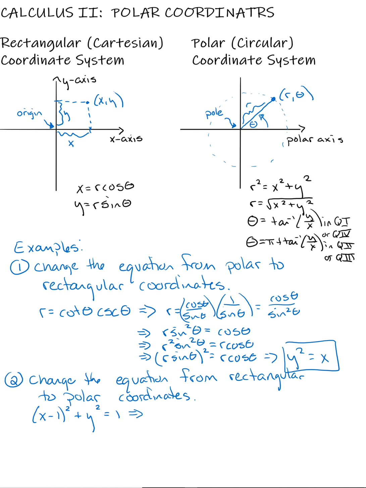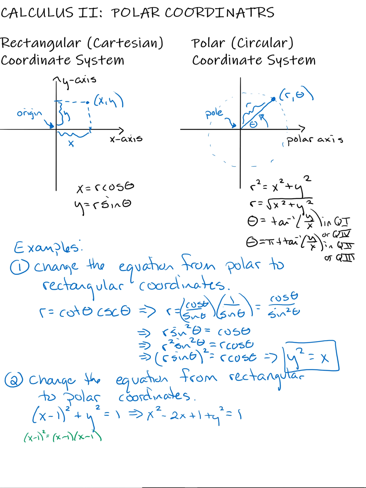Well, first off, let's go ahead and multiply out this x minus 1 quantity squared. I know that x minus 1 squared is x minus 1 times x minus 1. Multiply that out, and we end up with x squared minus 2x plus 1 plus y squared is equal to 1.